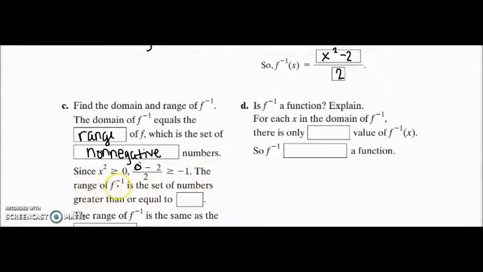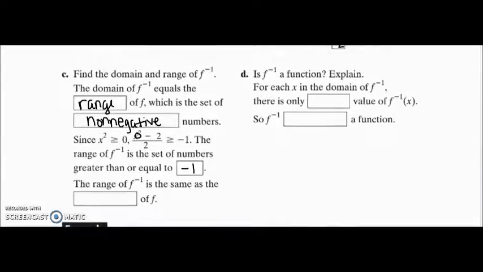So the range of the inverse is the set of numbers greater than or equal to negative 1. That makes sense because that was the domain of our original function. So the range of the inverse is the same as the domain of our original function.